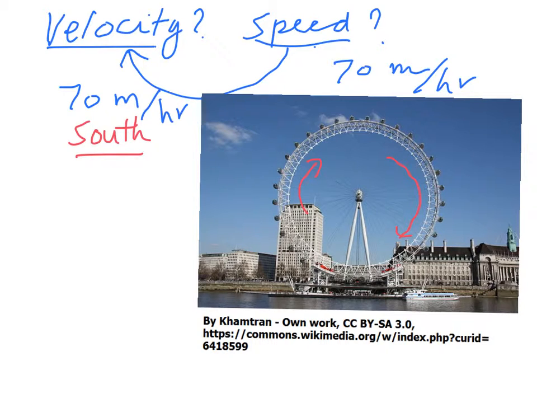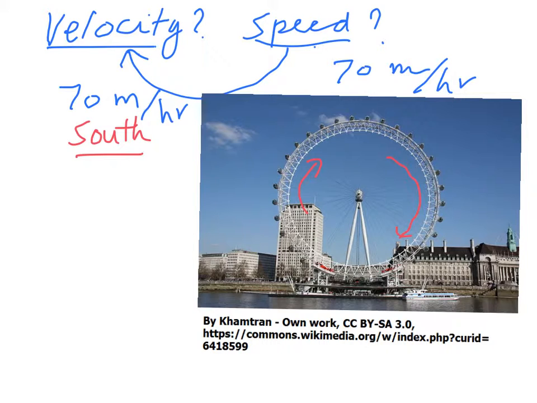However, you should recognize that the velocity does change as people go around, because at any moment in time the direction keeps on changing. One moment people in that car are going in that direction, and when they come here they're going in that direction.